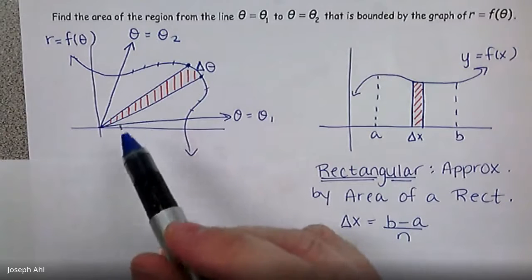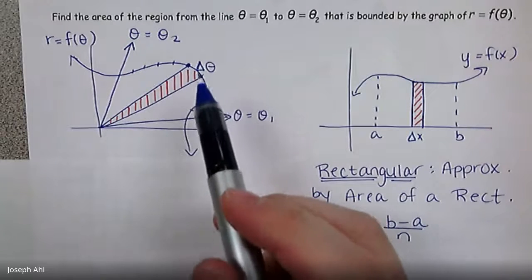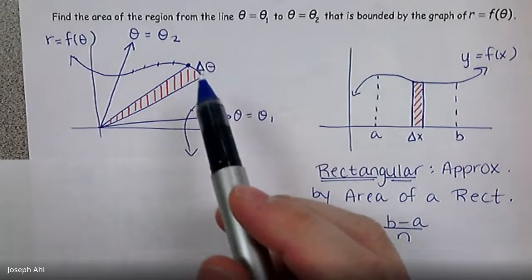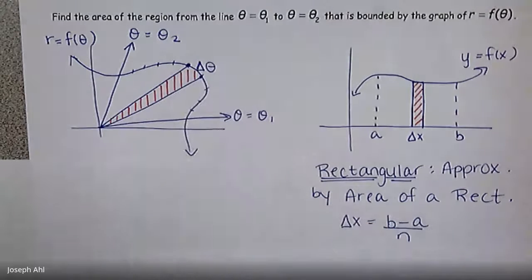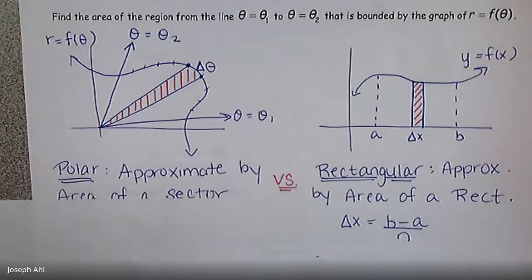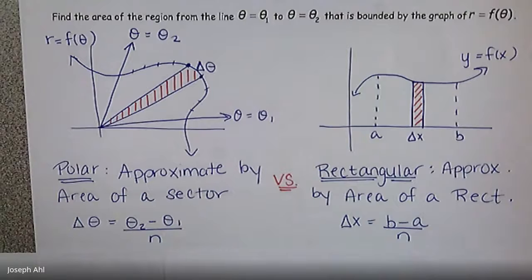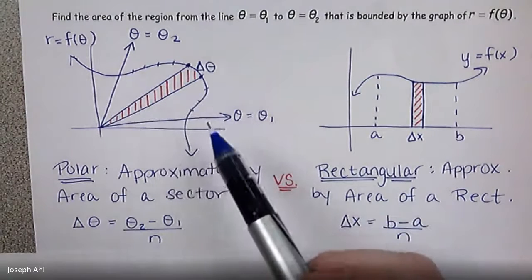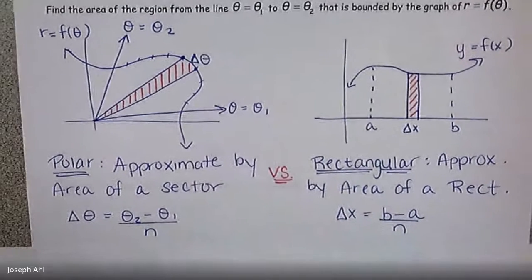If we think about this as a sector of a circle, where this right here is some delta theta distance, then in polar, we're going to approximate by the area of a sector, where each delta theta is the difference theta 2 minus theta 1 divided by n.